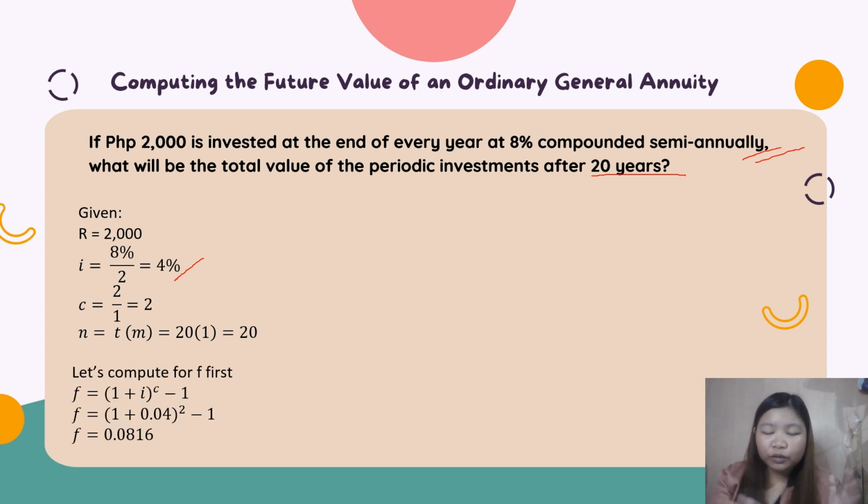Then we will compute our F. So, before we substitute our values, we will solve first our F. So, we have the formula F is equal to the quantity of (1 plus I) raised to C minus 1. So, substitute the values of I. So, we have 1 plus 0.04 raised to 2 minus 1.